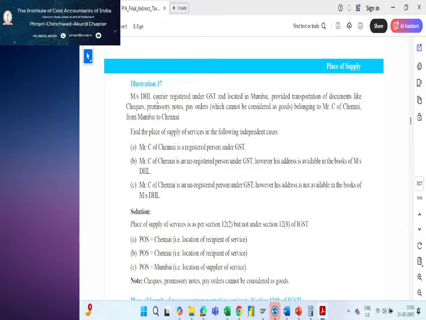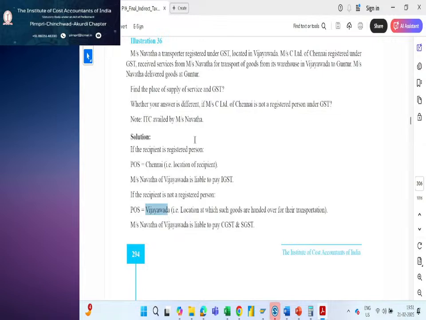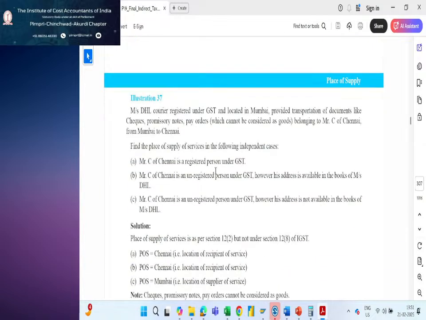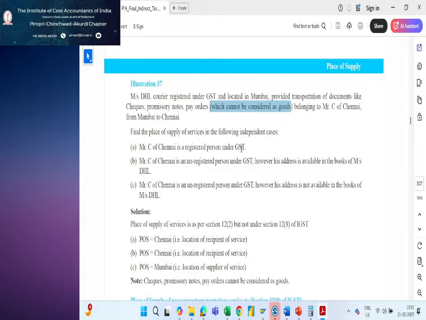Mrs. DHL Courier, registered under GST and located in Mumbai, provided transportation of documents like cheque, promissory notes, pay orders, which cannot be considered as goods, belonging to Mr. C of Chennai, from Mumbai to Chennai. Mr. C is the registered person under GST. That's why it is very important that we should know the definition of goods and services. Goods are movable property other than money and securities. Here they have given within brackets that these cannot be considered as goods. Sometimes what is given within the bracket may not be there in our final questions.